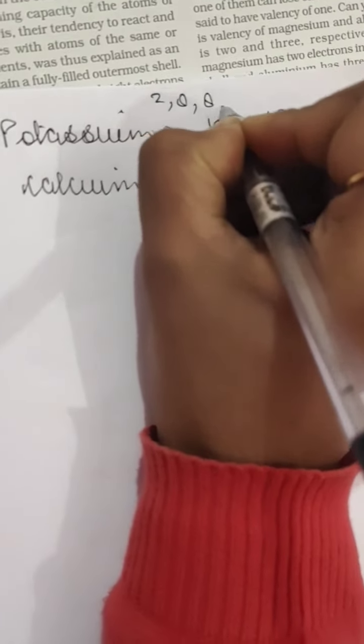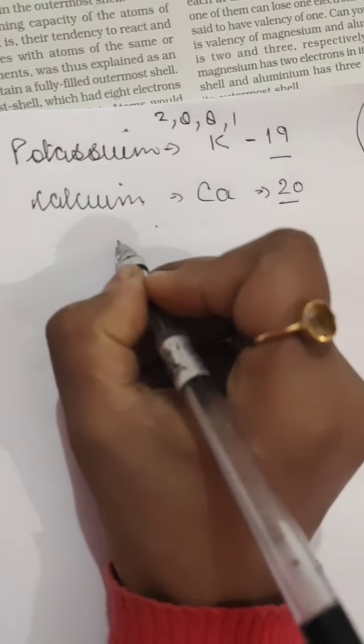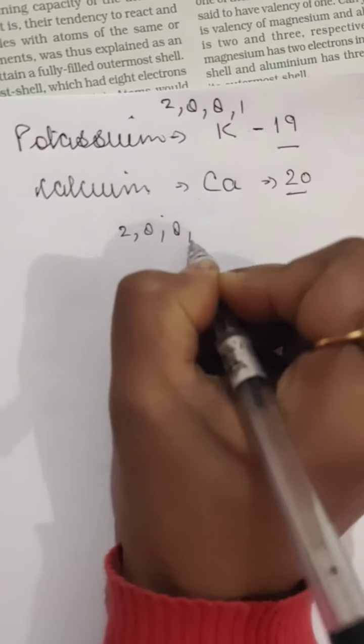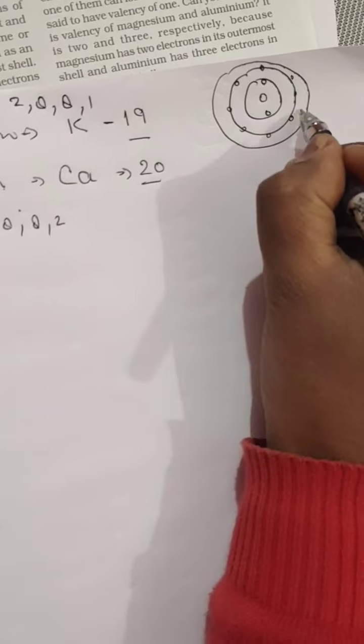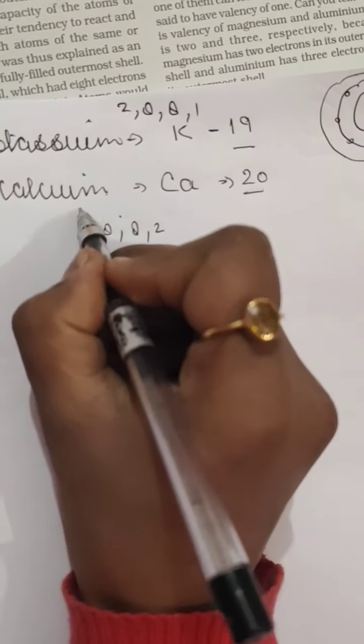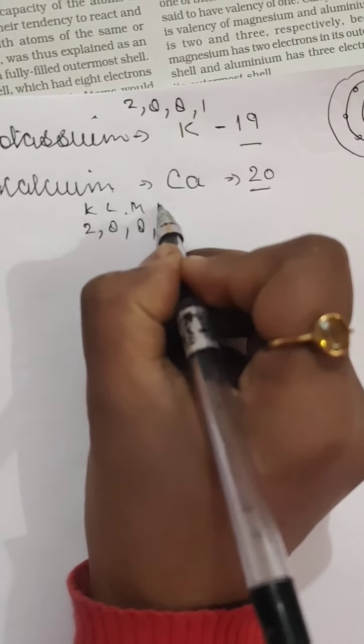And the structure will be like this: nucleus, first shell, second shell. So 2 electrons in the first shell, and then 8, and then the next shell, because the configuration will be 2, 8, 8 and 1. And for calcium the configuration will be 2, 8, 8 and 2. That means it will have 4 shells: K, L, M and N shell.